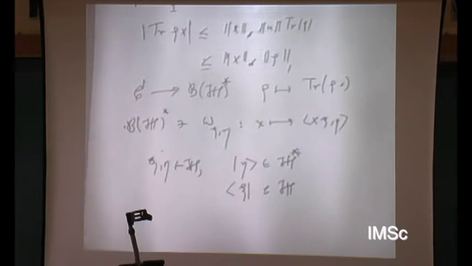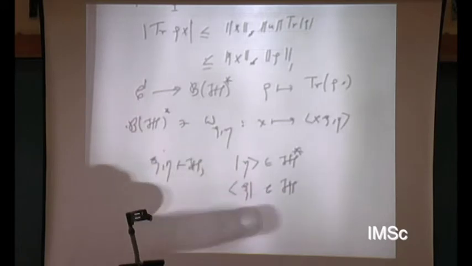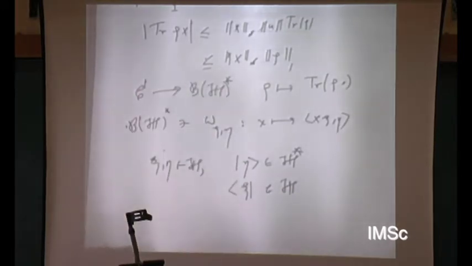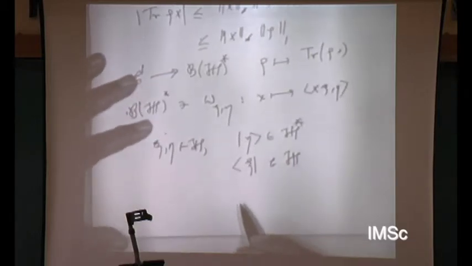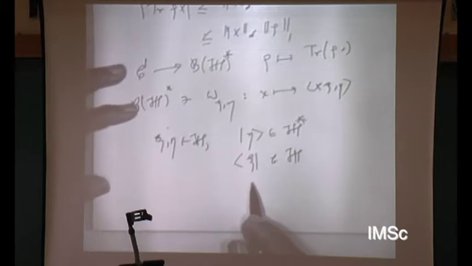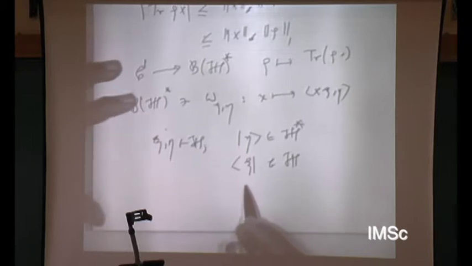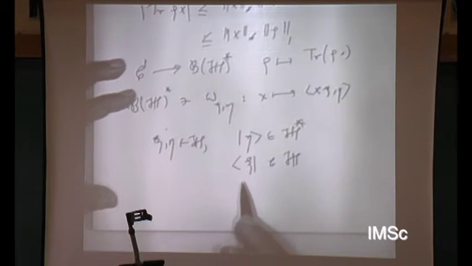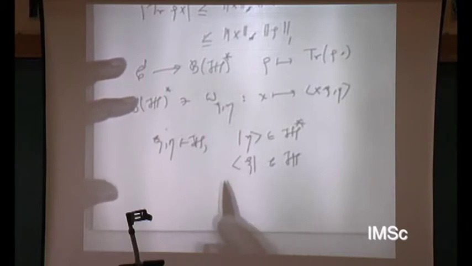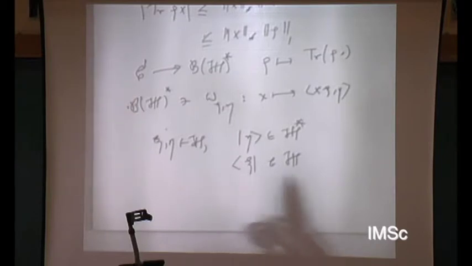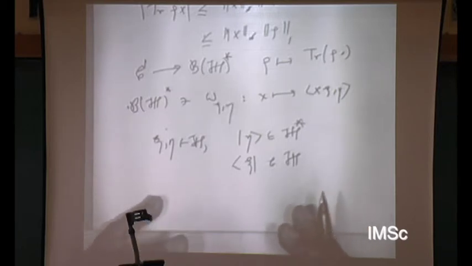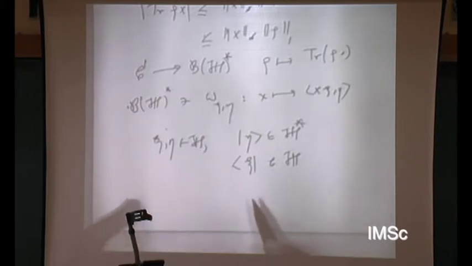This was Dirac's notation. He called this a bra and he called this a ket. So the whole thing was a bracket. So you put the two together, you get the number, the pairing. Okay, so if you put them this way, then you get a number, a bra times ket.